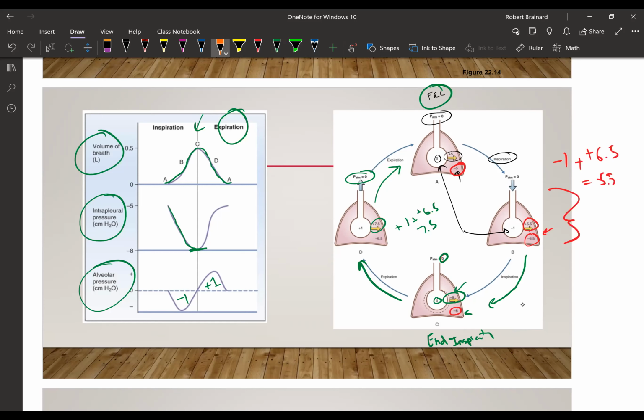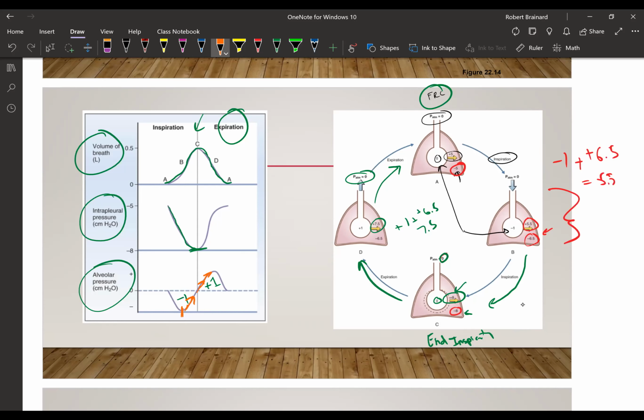During mid-inspiration, that's when we have our most negative alveolar pressure. But once that point is reached, alveolar pressure increases back to baseline, and then continues to increase as we move into expiration.